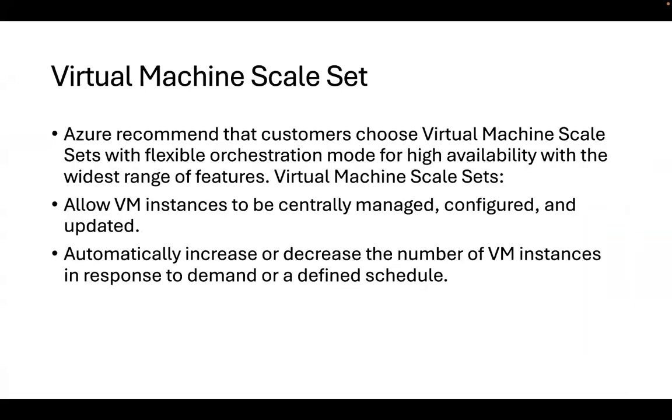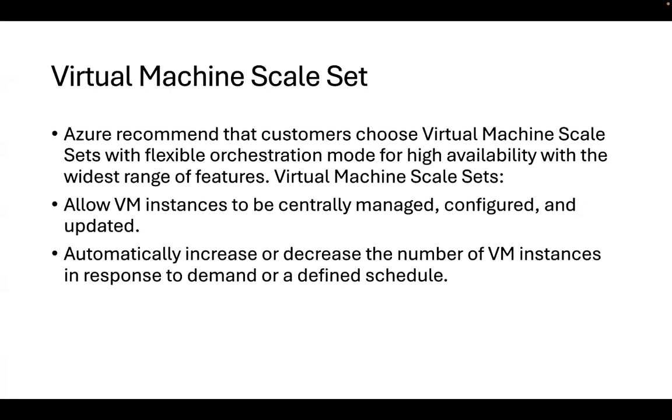Azure recommends that customers choose virtual machine scale set with flexible orchestration mode for high availability with the widest range of features. Virtual machine scale sets allow VM instances to be centrally managed, configured, and updated, and automatically increase or decrease the number of VM instances in response to demand or a defined schedule.